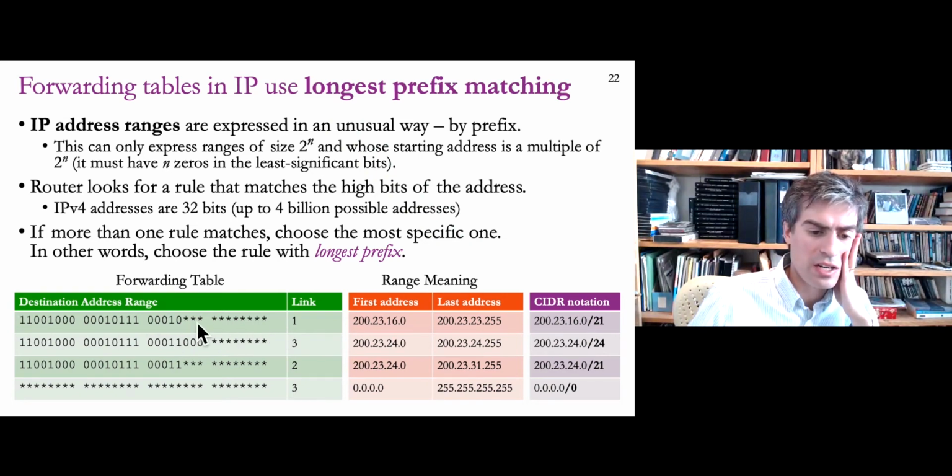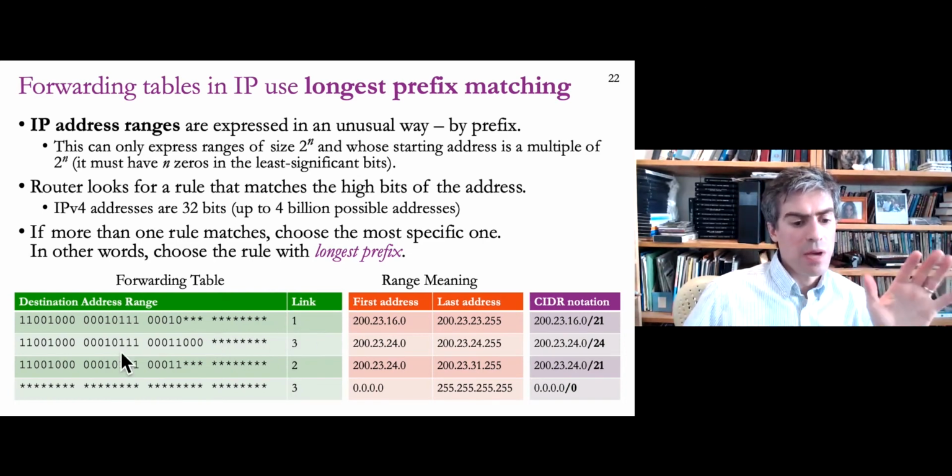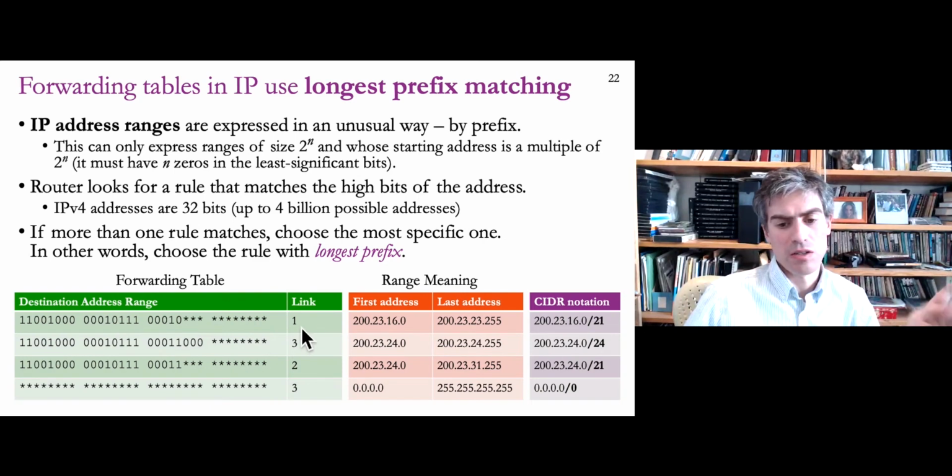So that allows for a range of values, between all zeros and all ones. That goes to link 1. This other range, which has this prefix and whatever you want afterwards, goes to this other link, and so on. So there's prefix matching, and rules based on prefix matching are used for forwarding.